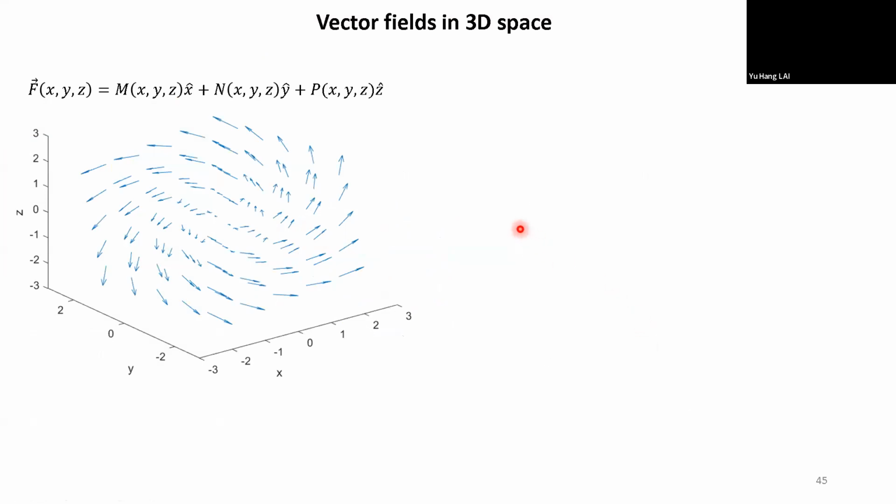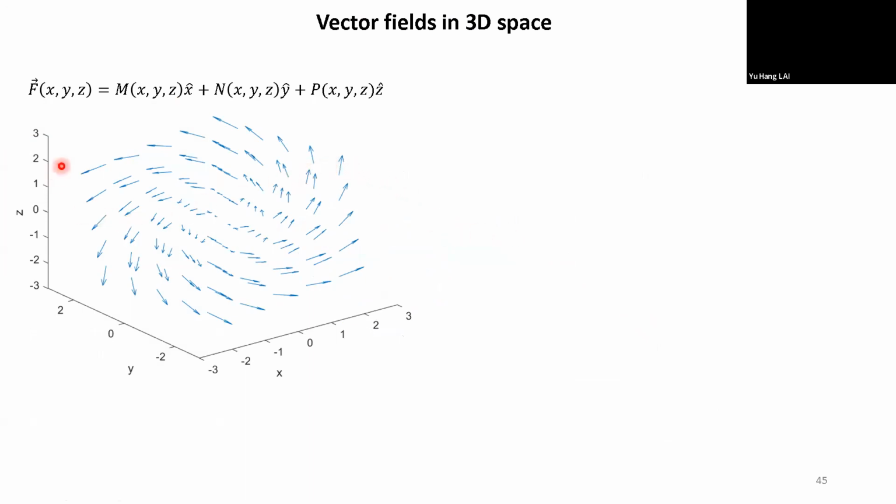Okay, so let's continue. What we are going to do next is to consider some generalizations of our previous content. So we are going to consider vector fields in 3 dimensions instead of 2 dimensions.